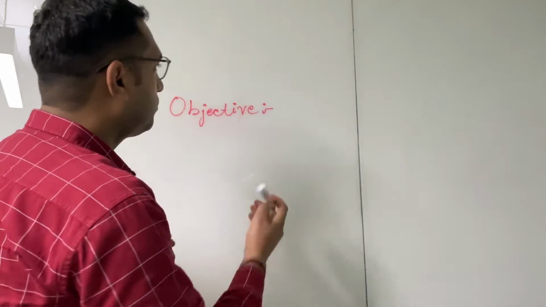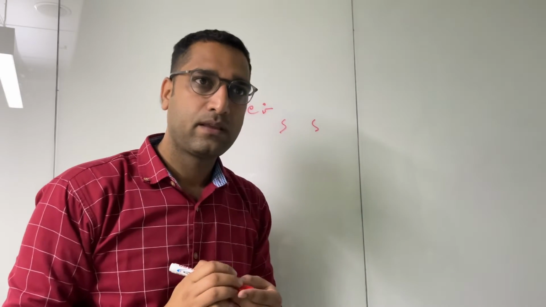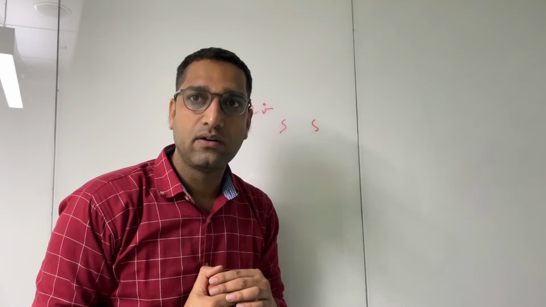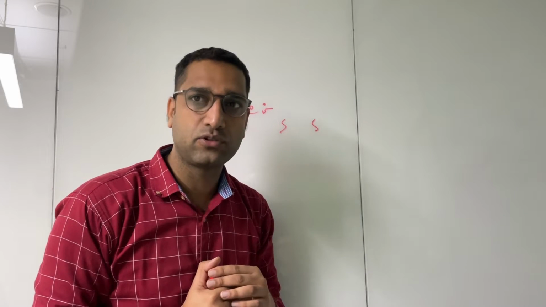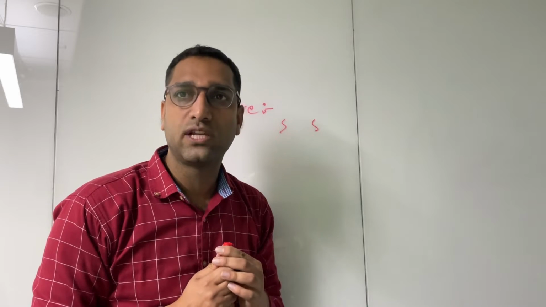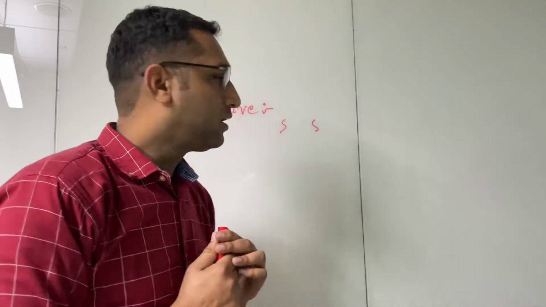Now the question is, if we want these tasks to run in parallel, why don't we have different processes for that? Why are we bringing in some new concept called threads? That's where the objective comes in.